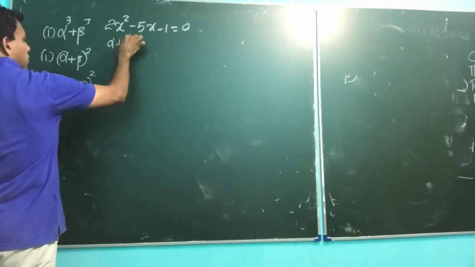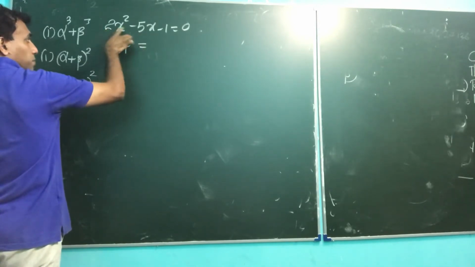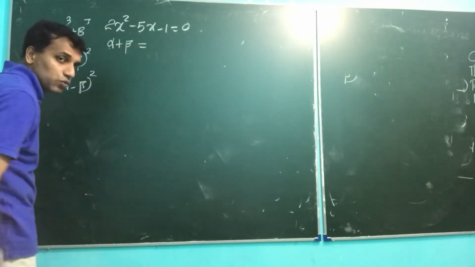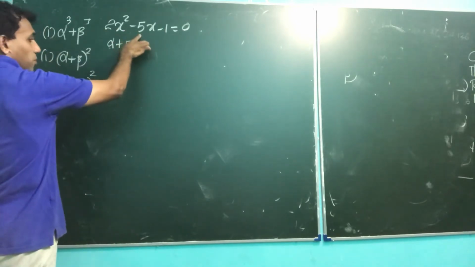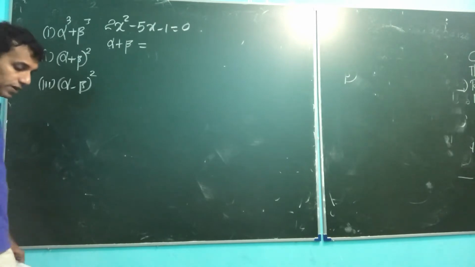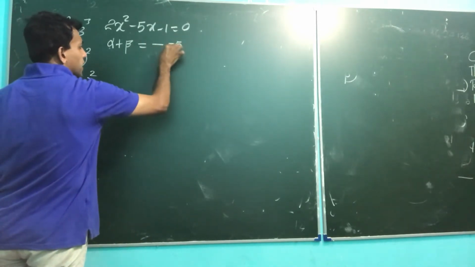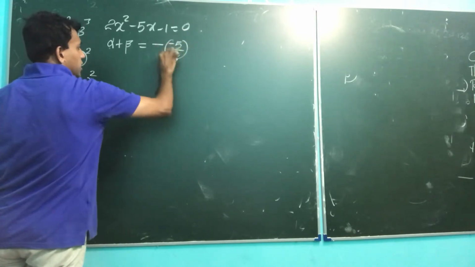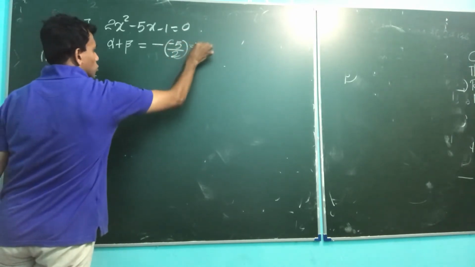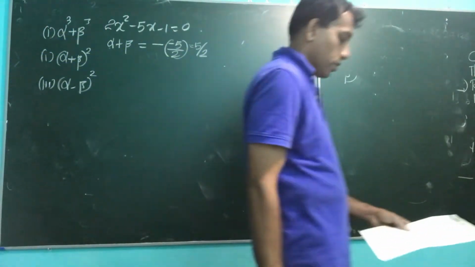Here A is 2, B is minus 5, C is minus 1. Generally alpha plus beta is minus B over A. Therefore in this case the answer is 5 over 2. Alpha plus beta is 5 over 2.